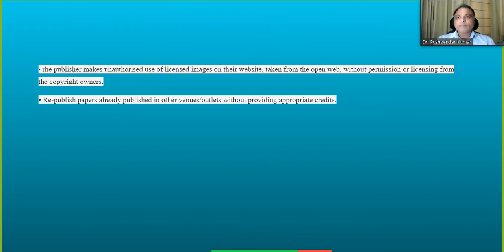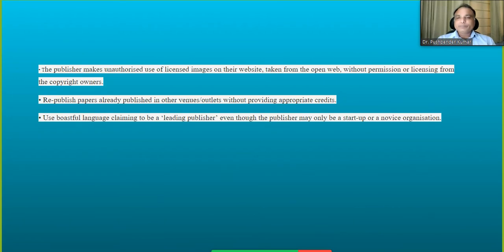Then they republish papers already published. Here you see that one paper is already published in some journal, and they say that we will also publish your paper, the same paper you published in another journal. And then they say that we are the topmost journal in India or the topmost journal in the world, right?